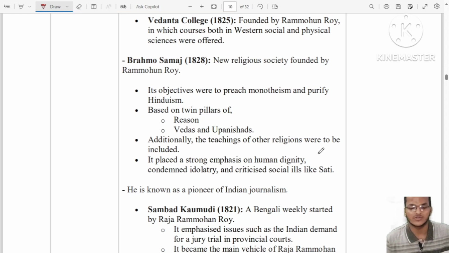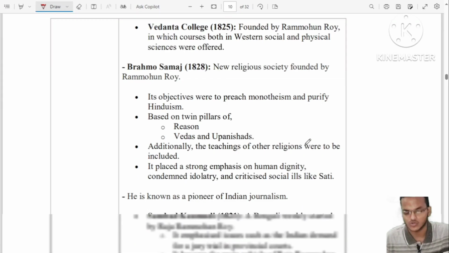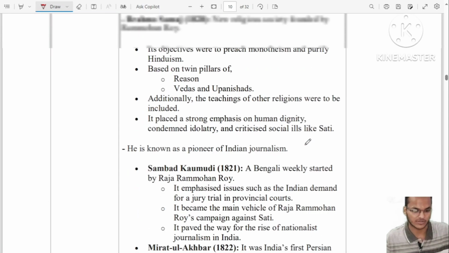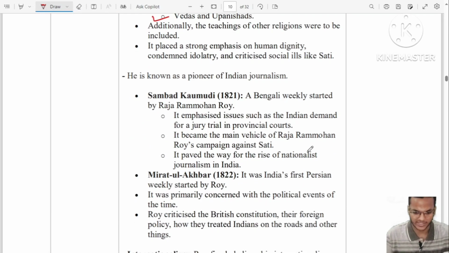Then comes the Brahmo Samaj. How was it different from the Atmiya Sabha? There is no big philosophical difference. It is just based on reason and the Vedas. The moral teachings were also the same.